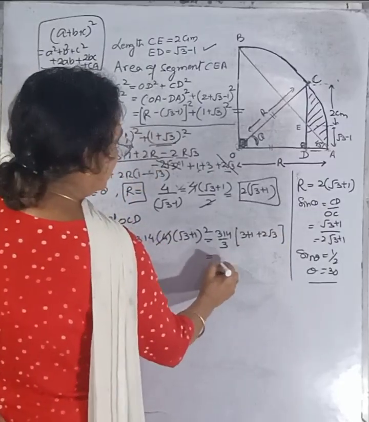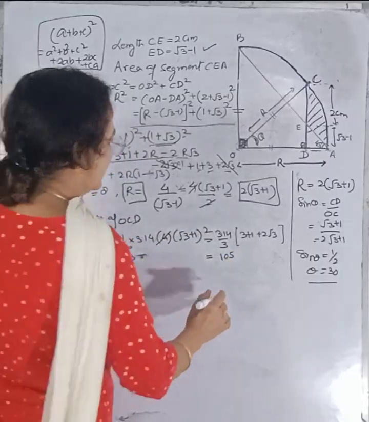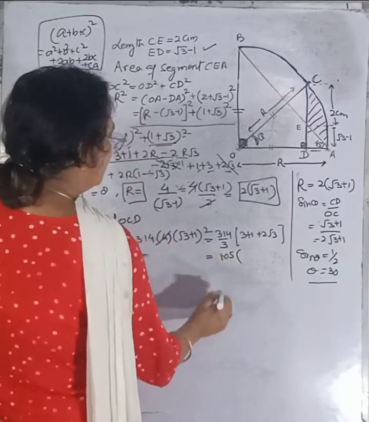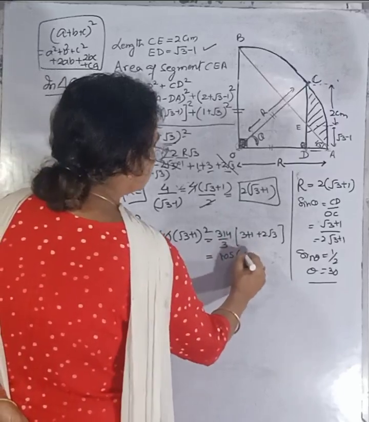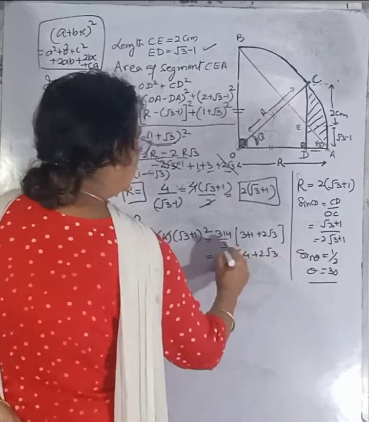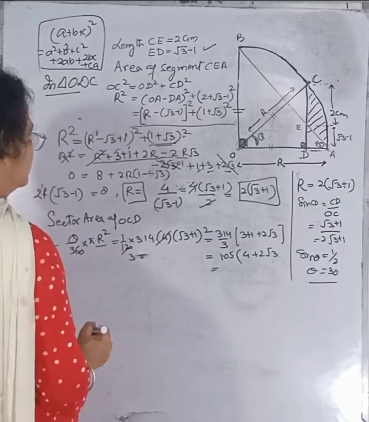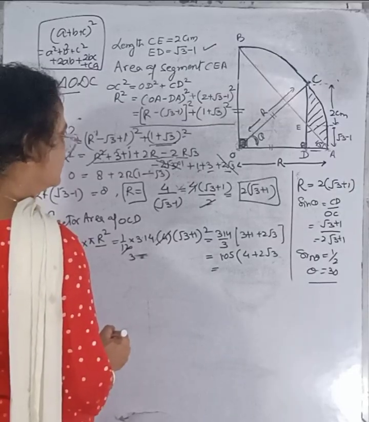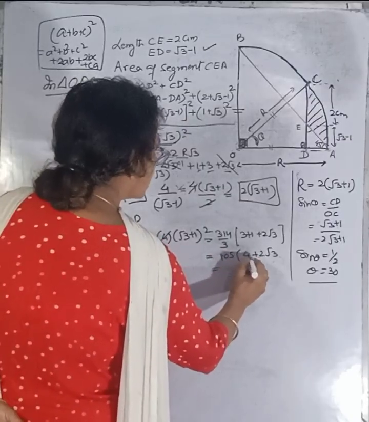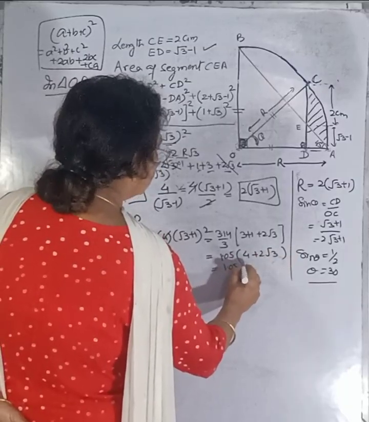This approximately can be written as 1.05, into 4 plus 2 root 3. 2 can be taken as common.